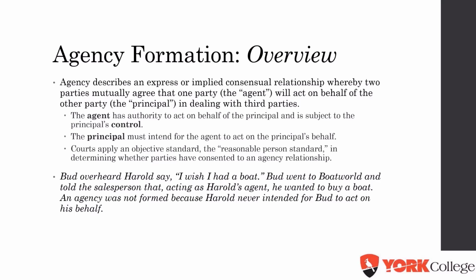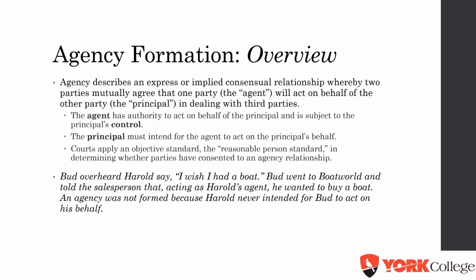What's important to understand here is the agent, who is the person who will act on behalf of another individual. They have the authority to act on behalf of the principal, and while they're acting on behalf of the principal, they're subject to the principal's control, hence why we delineate between an agent and a principal.